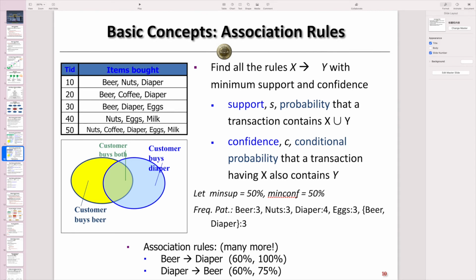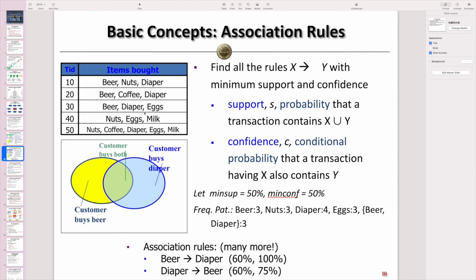The first rule we can define is that beer implies diapers. According to the probability, the transactions which contain both beer and diapers will be about 60%. How about its confidence? Among all the transactions containing beer, how many of them will also contain diapers?